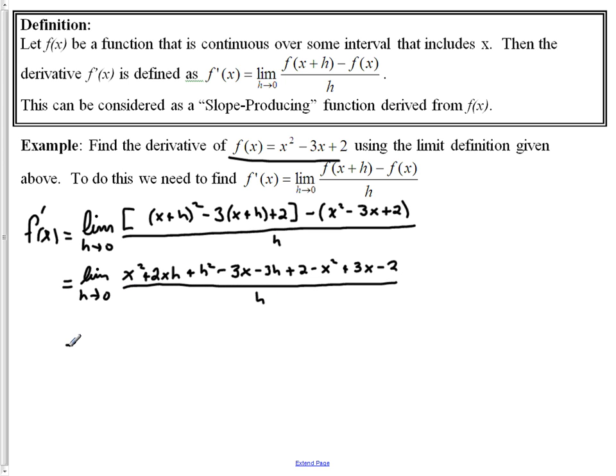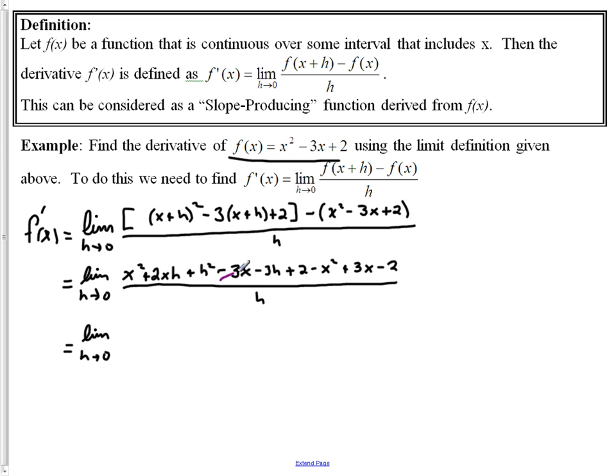Now, if we're clever enough, and really for these basic polynomial functions, hopefully we are, it turns out that whenever you do this kind of thing, mysteriously, these terms that have no h in them drop out.